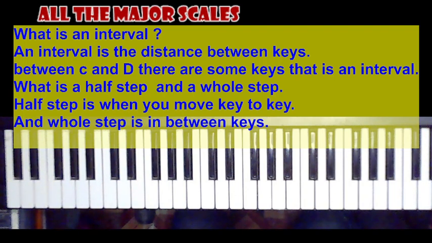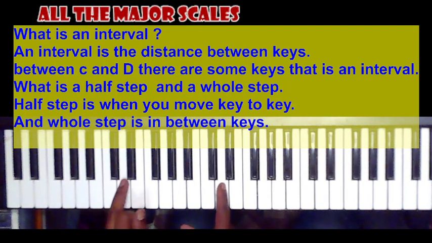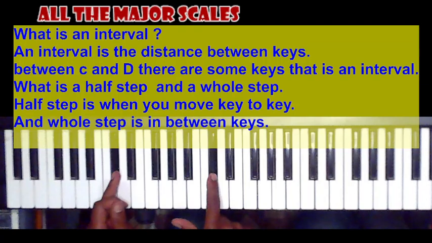So in an interval, let me show you an example. Last time we spoke about a half step and a whole step. A half step is where you're going from key to key. For example, from C to C sharp, that's a half step.